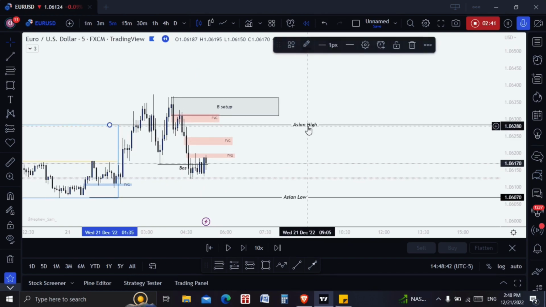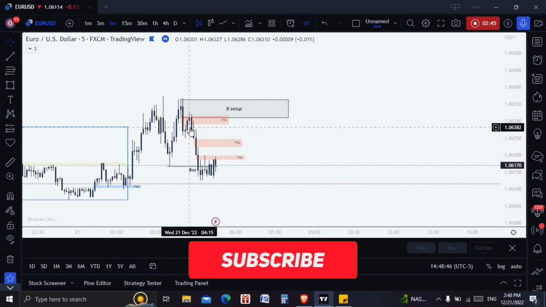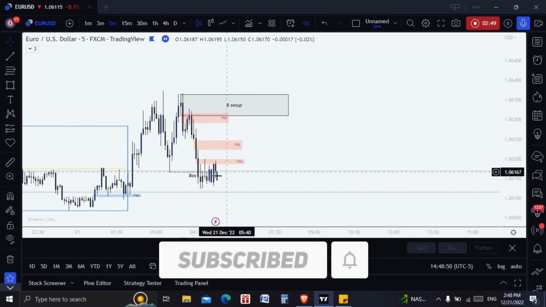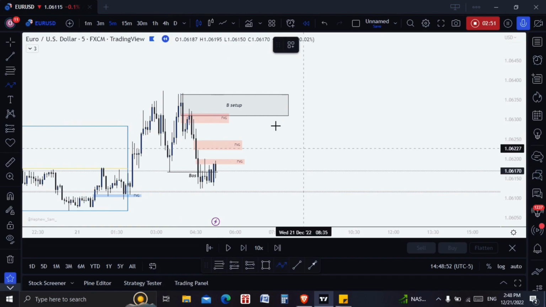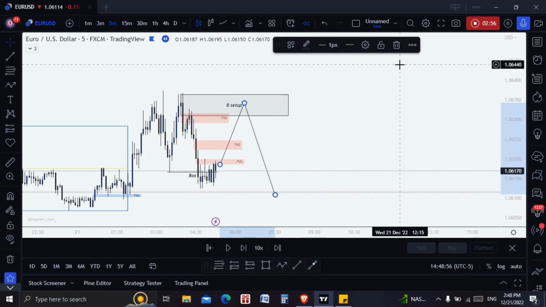Let's get rid of the Asian high and the Asian low line, because the Asian high has been taken out. So what I was waiting for was the price to come up here, react off it, and then go back down.